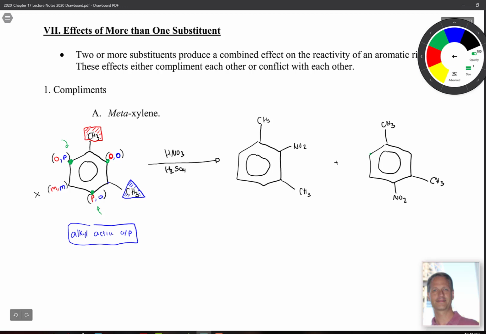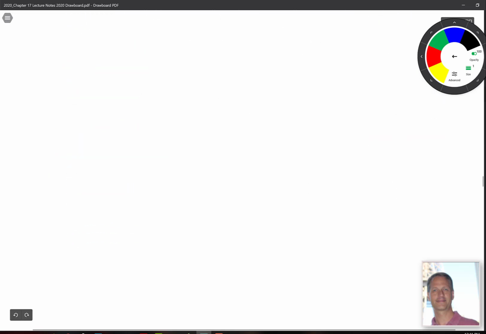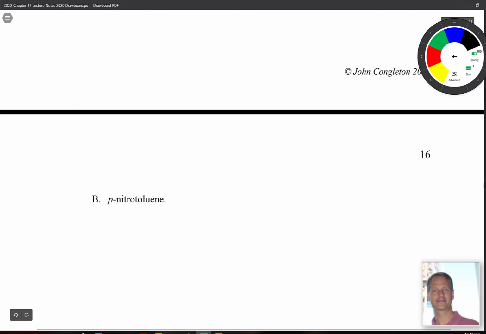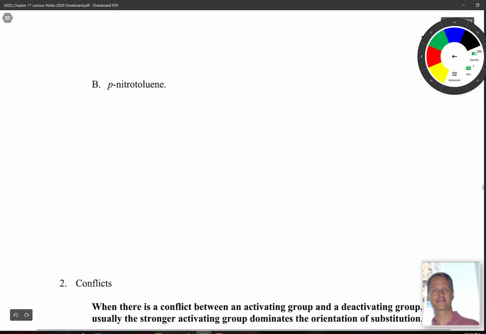All right, so let's look at another one here together. What about para-nitrotoluene? So para-nitrotoluene, CH3 here, NO2 down there. Now, let's do the same thing.